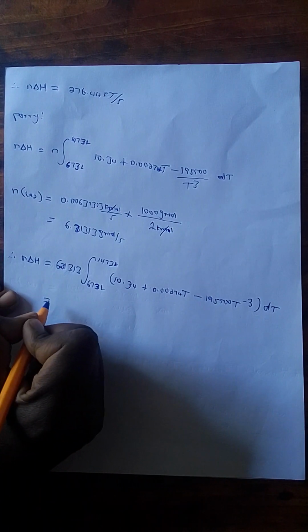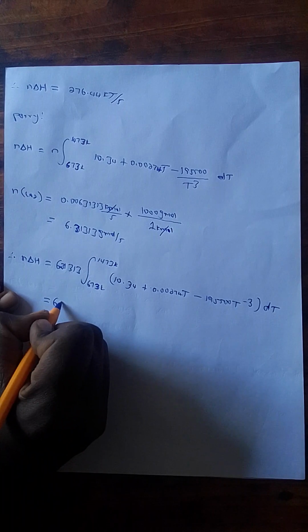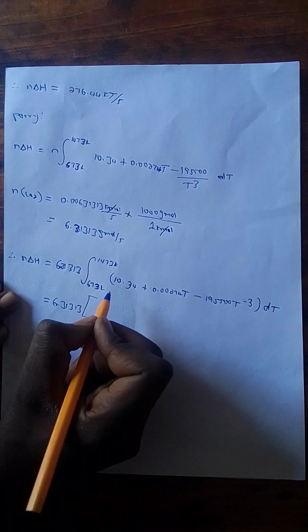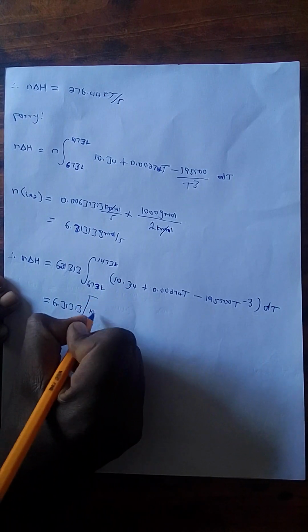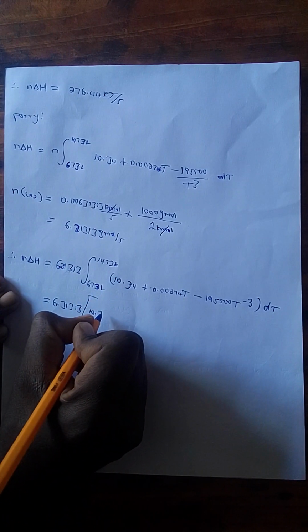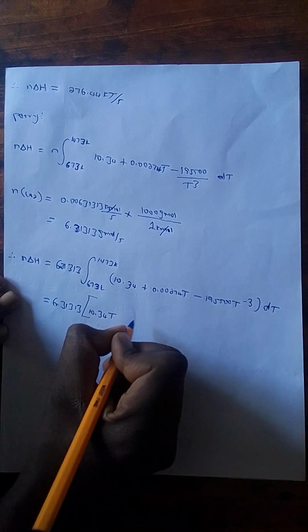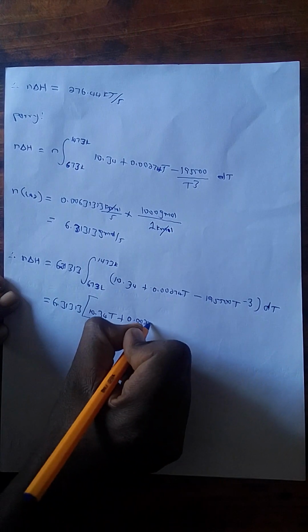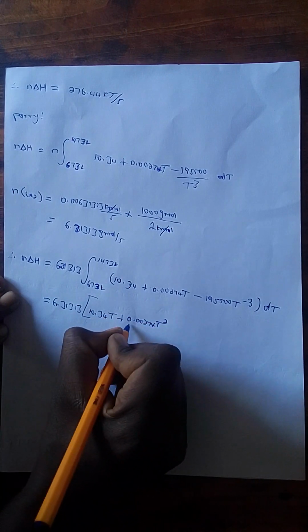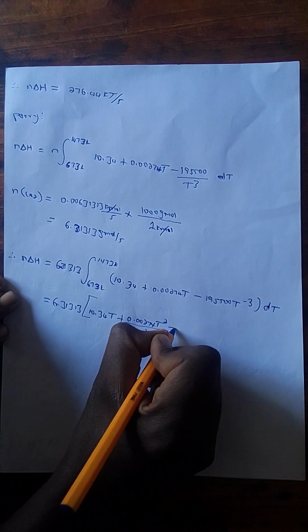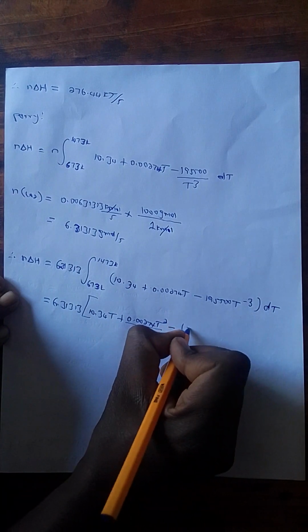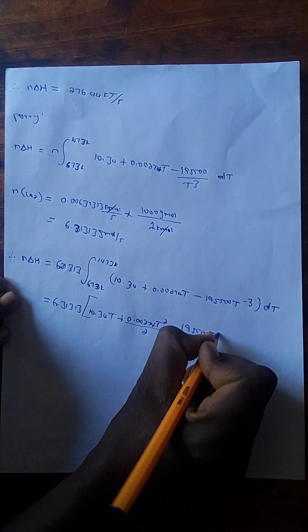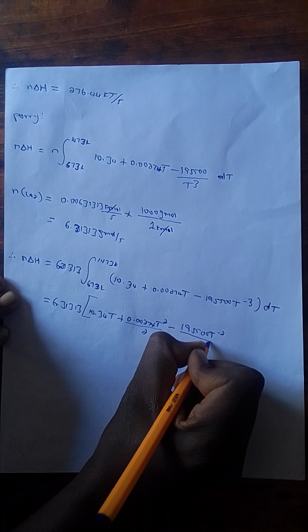And if you do your integration, we have 6.31313 times 10.34 T plus 0.00274 T squared over 2 minus 195500 T to the power minus 2 all over 2.